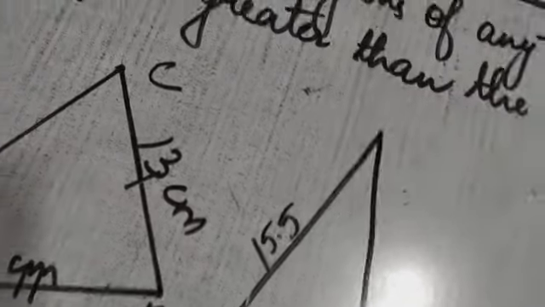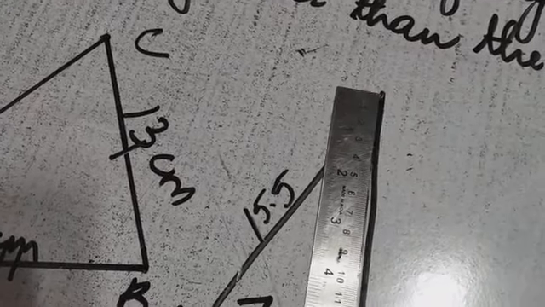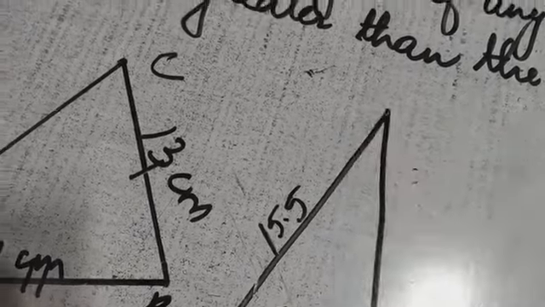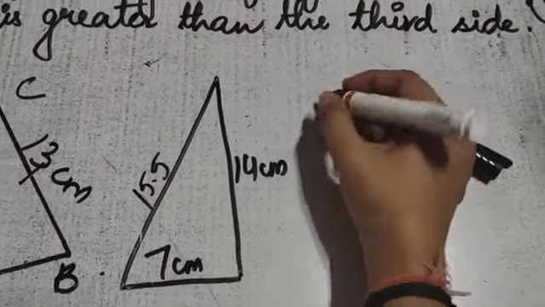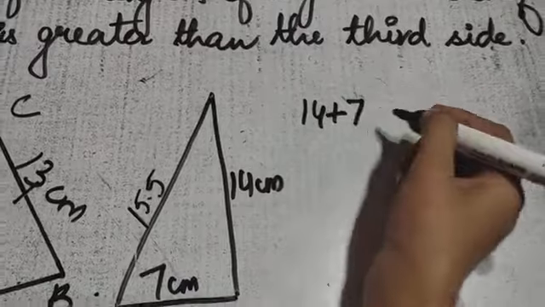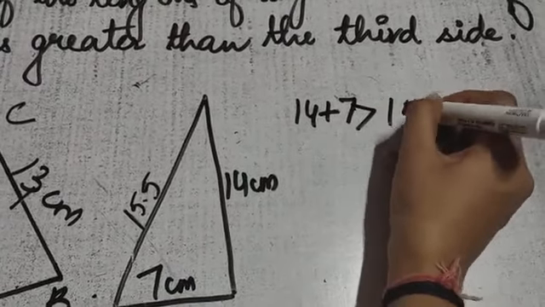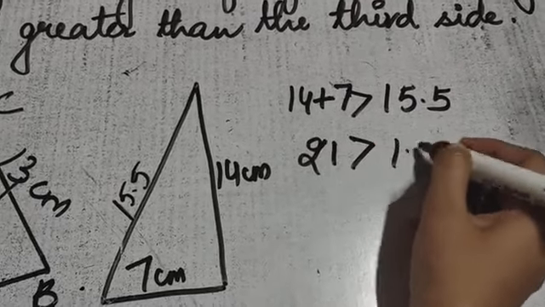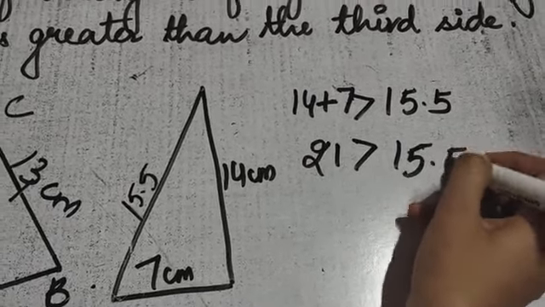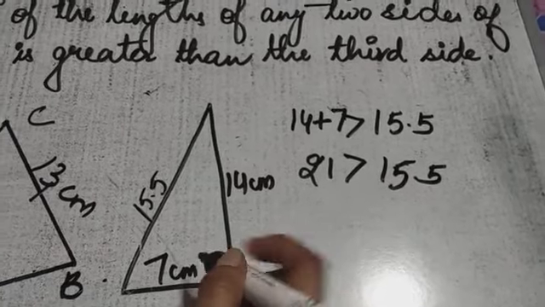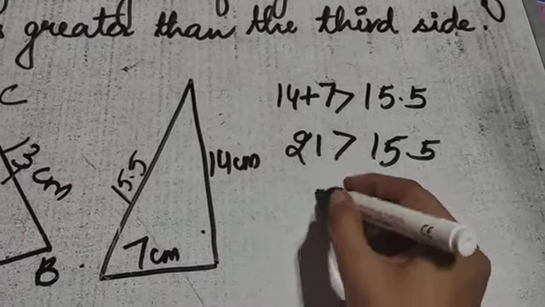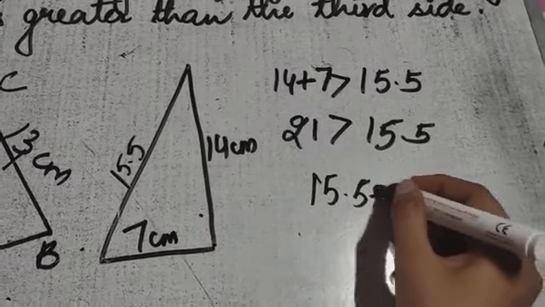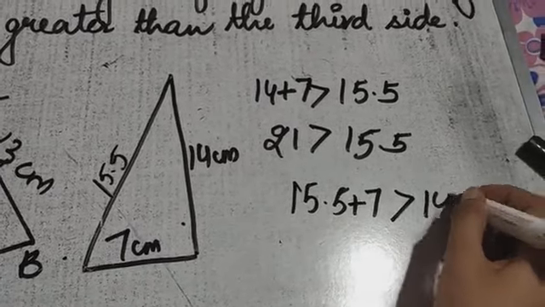Now coming to the next side, this is 14 centimeters. Now if we add these two sides, 14 plus 7 is 21. It is greater than 15.5. Now if we take 7 and 15.5, 15.5 plus 7 is also greater than 14.